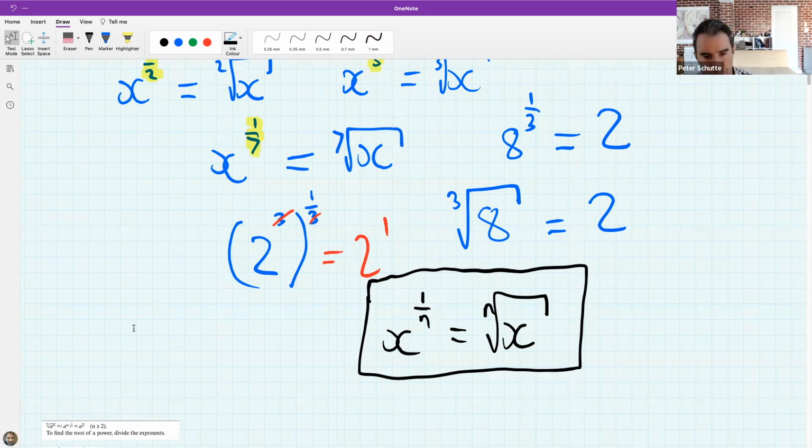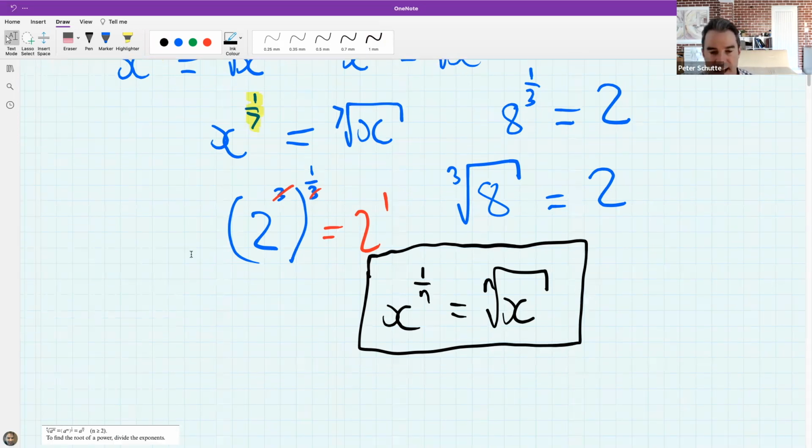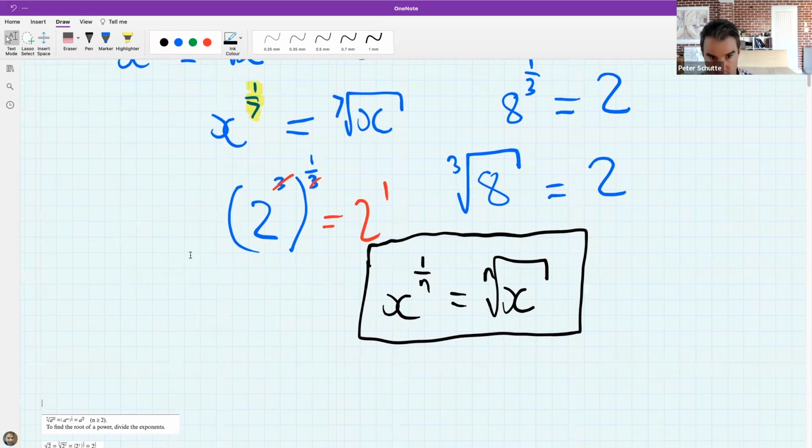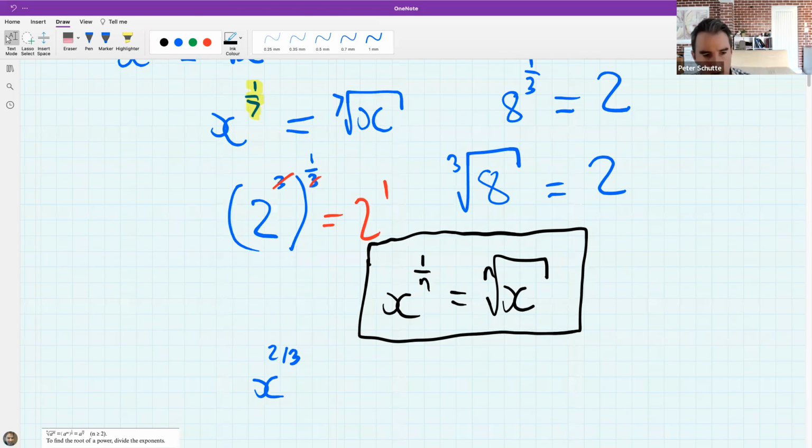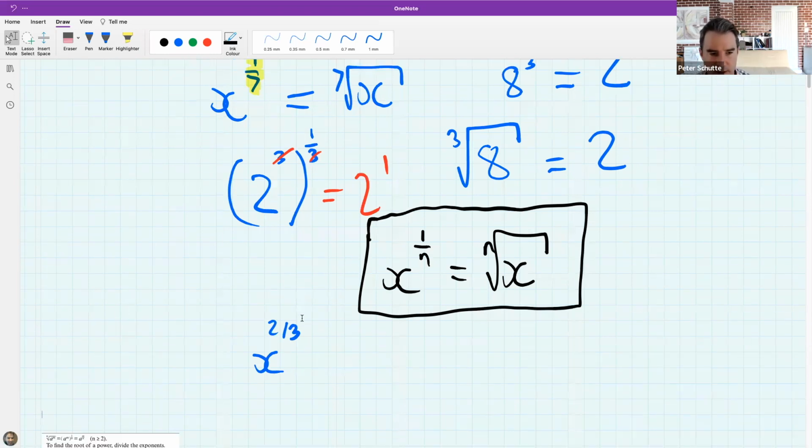Okay. Now, that's great for when we have fractions of that form. But what happens when we have something like this? x to the power of 2/3. We no longer have a number with 1 as the numerator. So in this case, the numerator is 2, the denominator is 3.